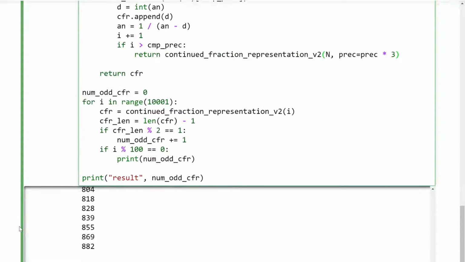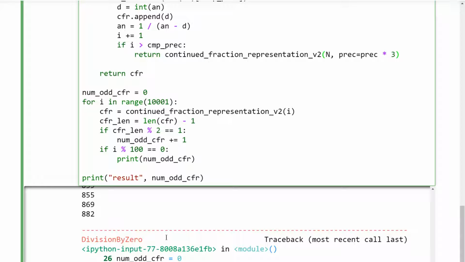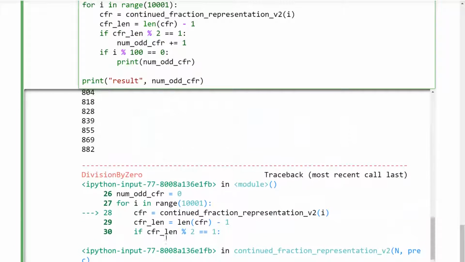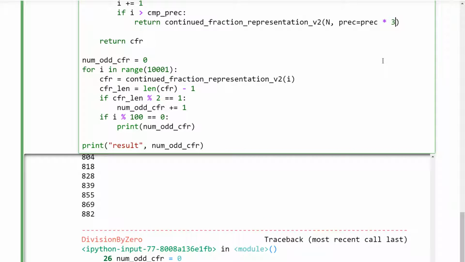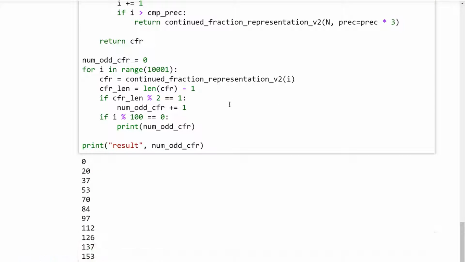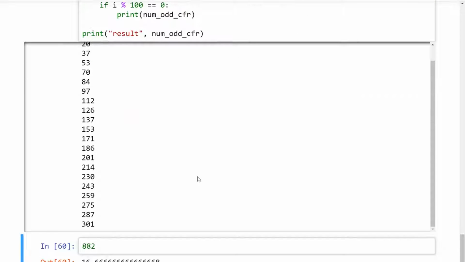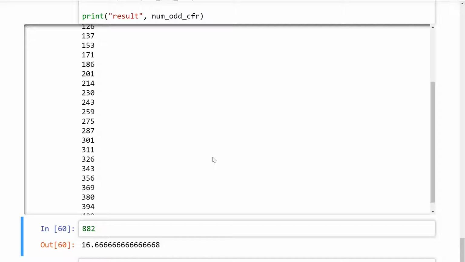What if it's the first round? I mean, we had this division by 0 at the first step. But we can just do it. So let's just note that we had 8, 8, 2, and if we multiply by 3, let's see if we get there at the same time, the same thing.